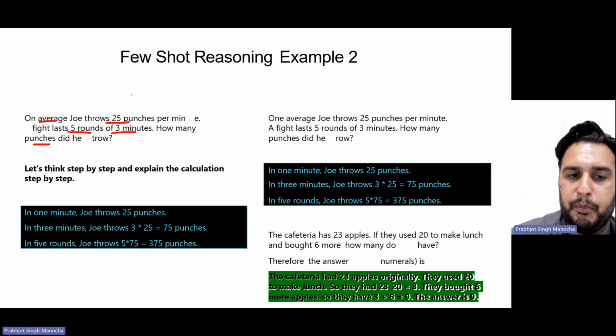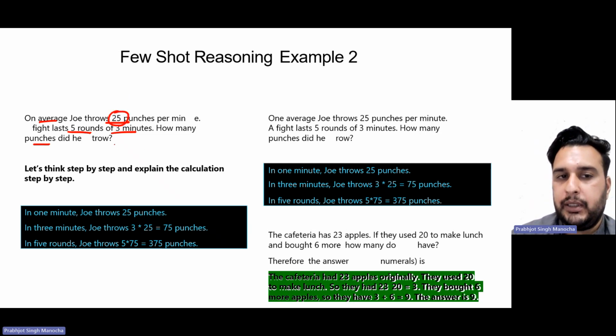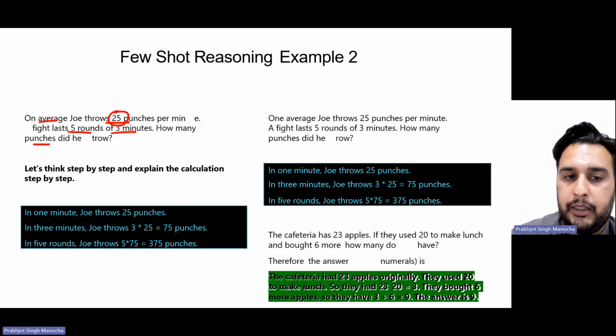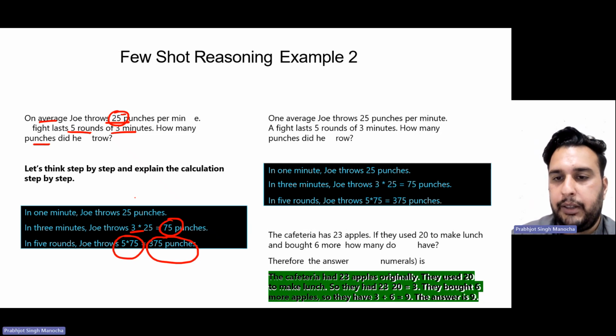So if 25 punches are there per minute and he fights for 5 rounds of 3 minutes, that means in 1 minute there are 25 punches, in 3 minutes there can be 75 punches. And for 5 rounds of 75 punches, 375 punches can be calculated, right?